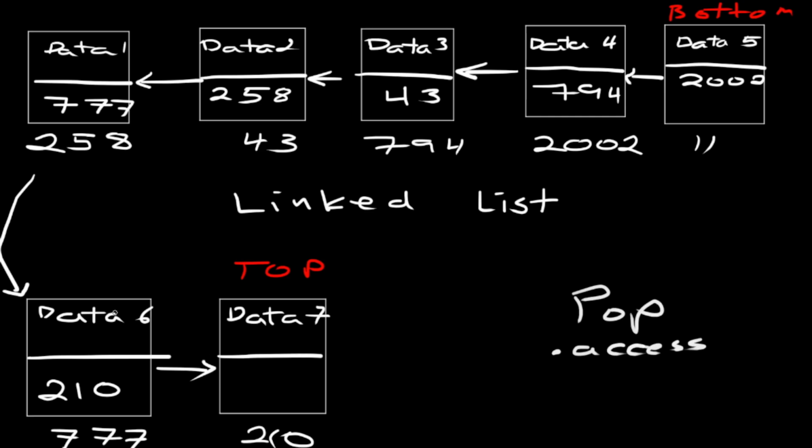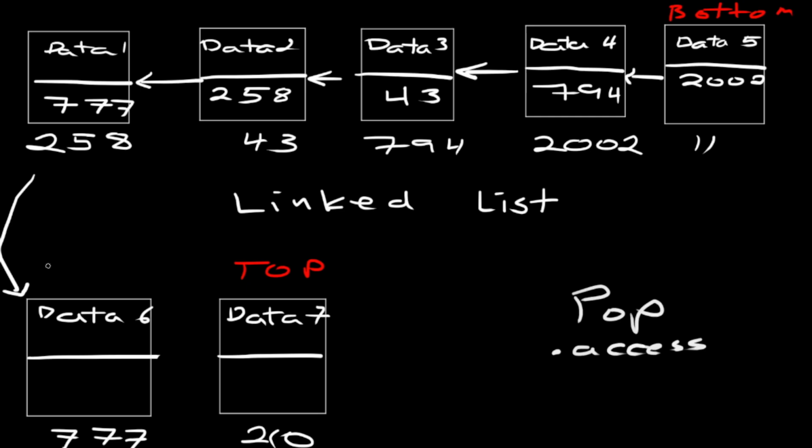So we go to the second piece of data, this is our data 6 here, and we essentially just get rid of the pointer, right? So we remove this pointer to 210, and what that effectively does is dissolve this arrow right here, and so now this piece of data here is totally disconnected from the stack.